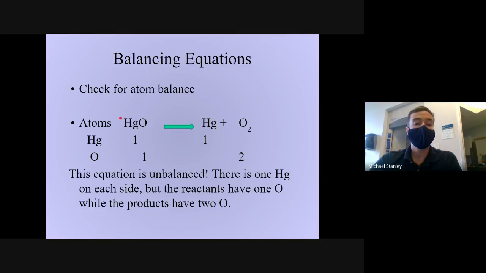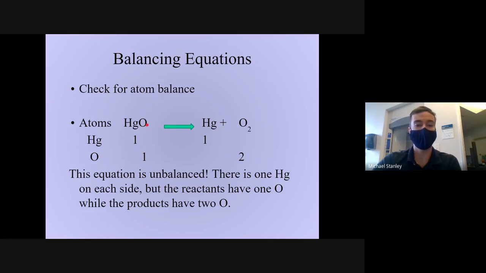And then check for atom balance, meaning that we're going to see how many of each atom we have on the reactant side and how many we have on the product side. So if we look over here at our HgO compound on the reactant side, we have one Hg atom and one oxygen atom.